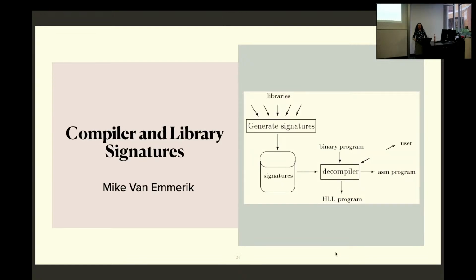And then, while I was doing all of this, Mike was looking into this other side of the problem where it was like, hey, compilers make use of all of these libraries, and we're not going to be decompiling all of the code for each of the libraries to then try and understand what they are.